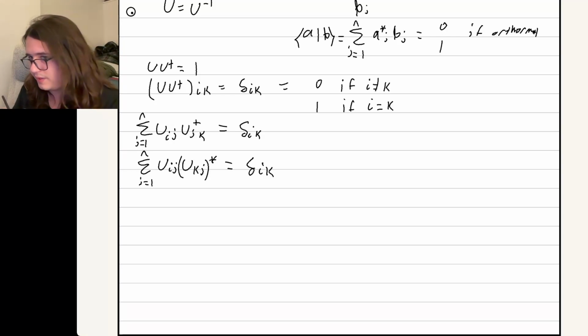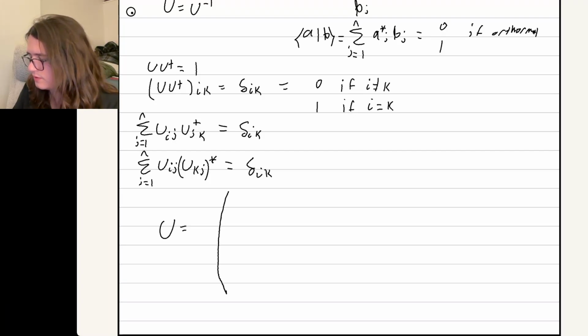How do we interpret that? Well, the way to interpret these is you have u sub ij, if you were to actually write u in matrix notation. i is the row, so you have something on the ith row, and j represents the column, so this is j equals 1, j equals 2, j equals 3, and so on.